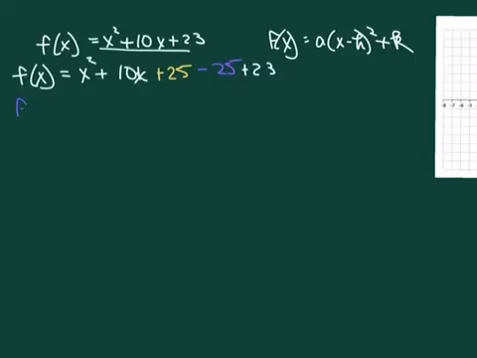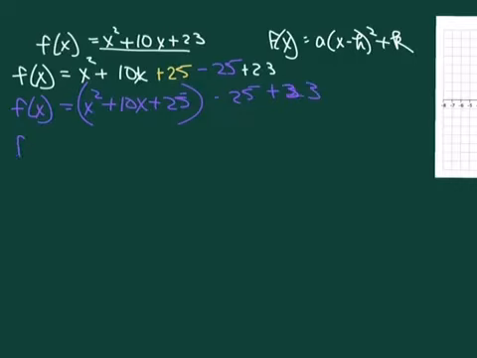Now I've got f of x equals x squared plus 10x plus 25. I'm going to put that in parentheses just to show that I did something, that I'm going to use for completing the square, minus 25 plus 23.